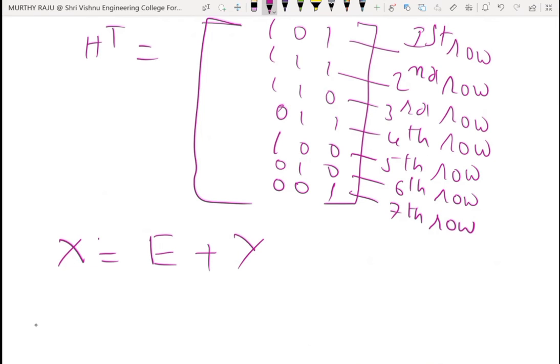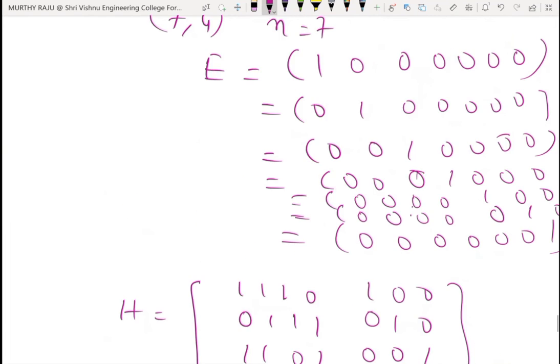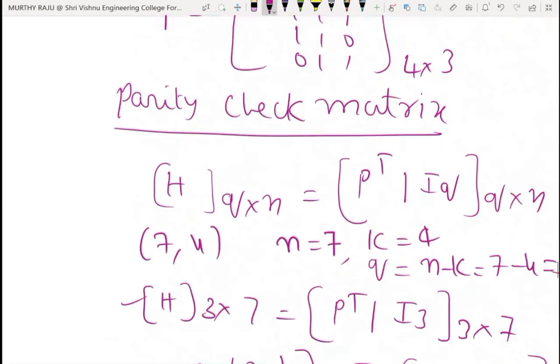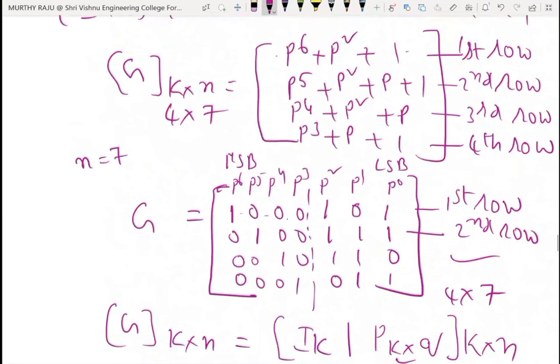This is the final conclusion. With this, the systematic form of the generator matrix, the parity check matrix, and the syndrome calculations are also completed.